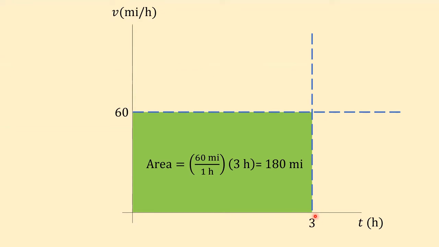So perhaps it's just a coincidence in this instance that the displacement equals the area under the v versus t curve, or perhaps it's not a coincidence. Maybe that's going to end up being a general result. But you should take note of that now, that the area under the velocity curve for the duration of the trip has the same value as the distance covered, or I should really say the displacement.